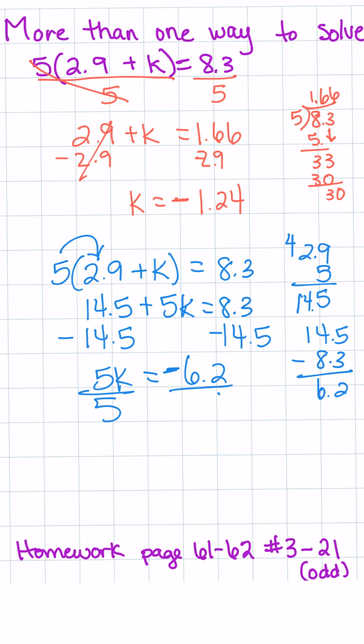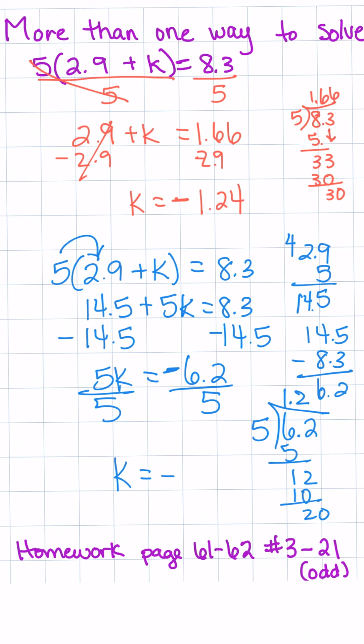Divide by 5, remembering that it's a negative. Oops, I put a 4 and it's a 5. Negative 1.24.